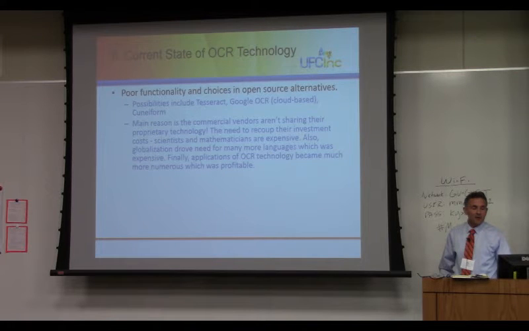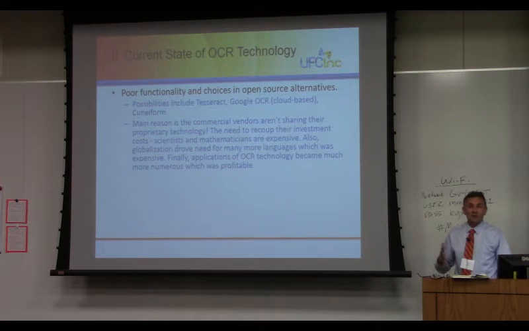And note on the slide, the main reason is that the commercial vendors invest a whole bunch of money. So they're not going to just broadly openly share this technology, at least yet. Also, globalization drove the need for many languages. So they had an OCR technology applied to, say, English, maybe Arabic, a couple other popular languages.